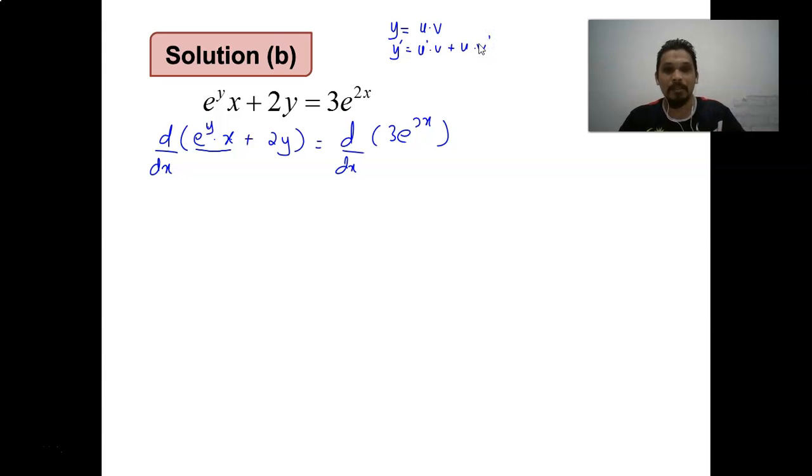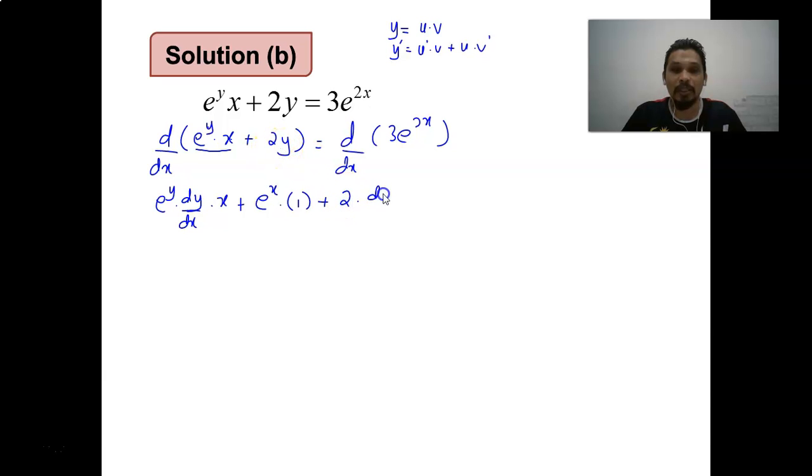Okay, so then differentiate first here, e power of y, and it's just like differentiate e power of x equal to e to the power of x. So then e to the power of y dy dx, and then multiply with x plus e to the power of y and derive x with respect to x equal to 1 plus, okay, derive 2y equal to 2 and then dy dx.